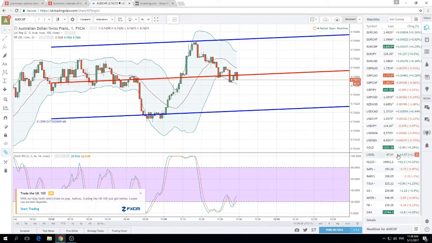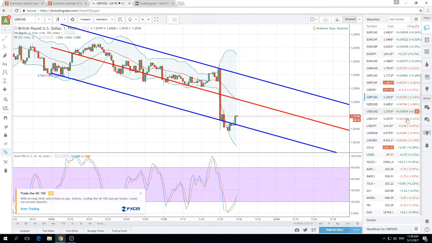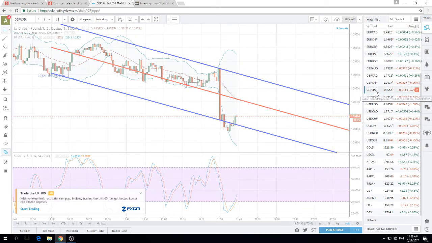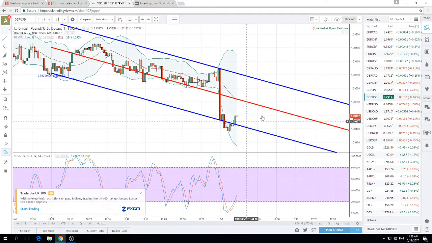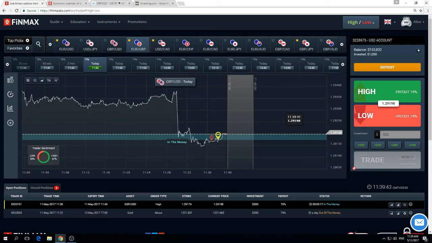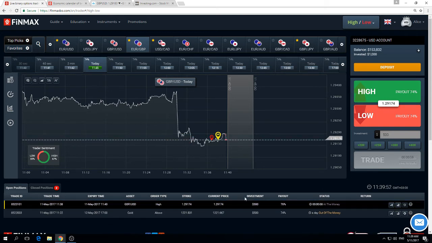And there is a probability to enter for the longer time frames for the British pound against other assets. So we entered for British pound to American dollar. Currently we see that the second trade is in the money, out of money.